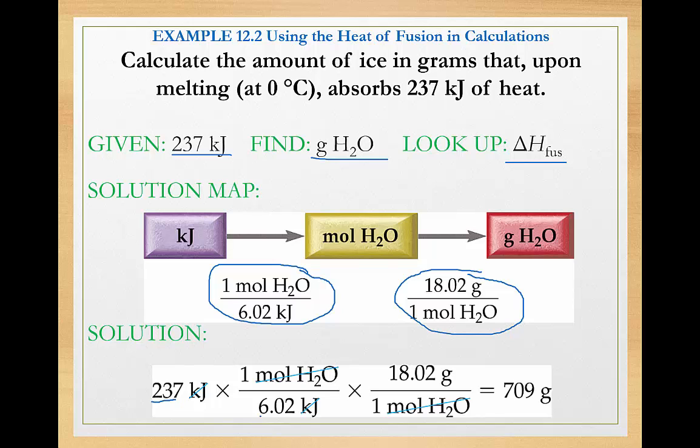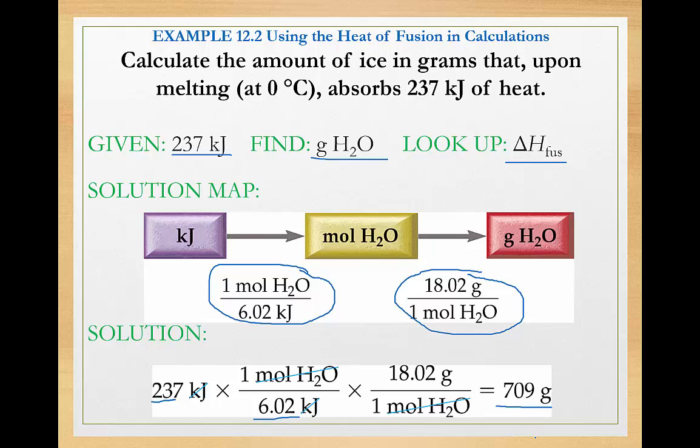They gave me a different number of kilojoules, and I have a different number. Heat of fusion is different from heat of vaporization. The setup's the same, the number's a little different. And so now I find out that I can melt 709 grams of ice using 237 kilojoules of energy. And notice that this number is much larger because heat of fusion is smaller than heat of vaporization.